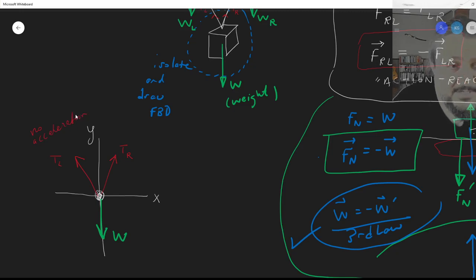Well, no acceleration does not necessarily mean no motion. I'm going to talk about Newton's first law in a minute, but it doesn't change anything. Let's say no acceleration and no motion at all. All right, everything is in equilibrium. No movement. So we have equilibrium.